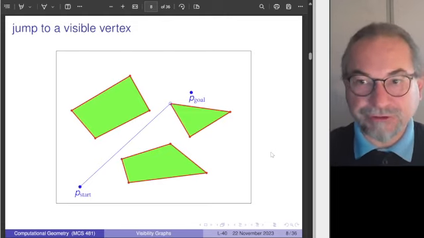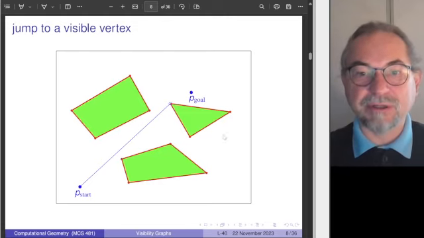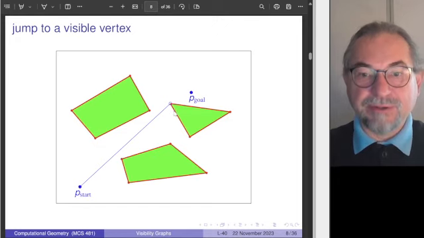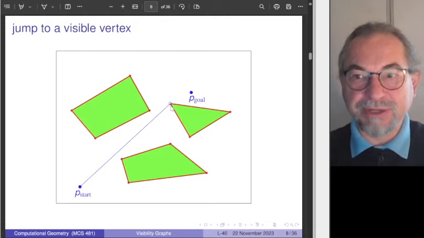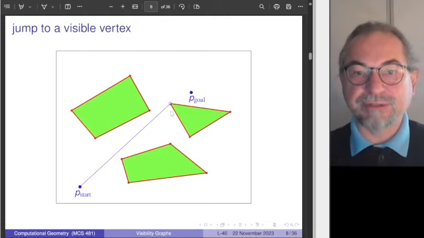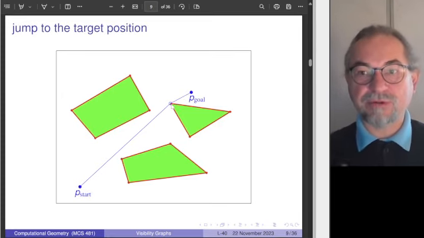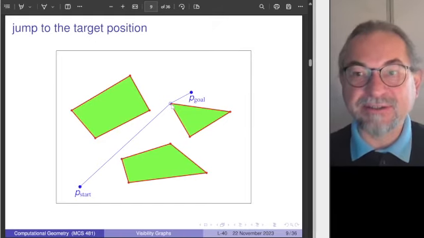You have the coordinates of the target, so you know what the path is, and you would bump into this wall here. One alternative would be to navigate to this and then go to that vertex. But here you actually see that you could go straight through that vertex. So that's the vertex that you can see. And then from that vertex, once you have turned the corner, you can see the target position.